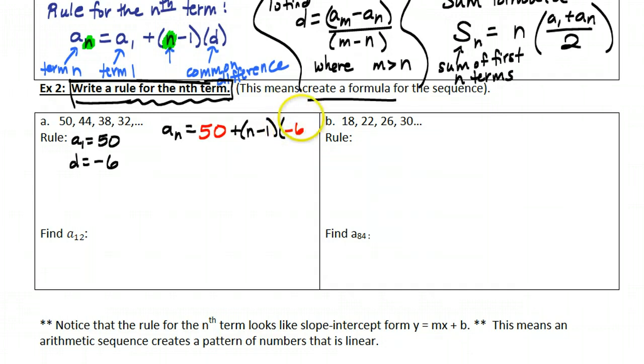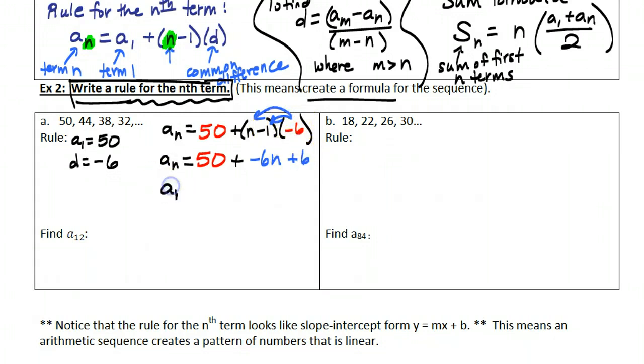Now, sometimes if you're on an MCA test or something like that, they may leave it in this format, and sometimes they want it in simplified format. So I'm going to show you how to do both. To simplify it, we just rearrange. This is a parentheses next to something multiplied to it, so I'm going to distribute that. So now I've got 50 plus -6n, and then -6 times -1 is +6.